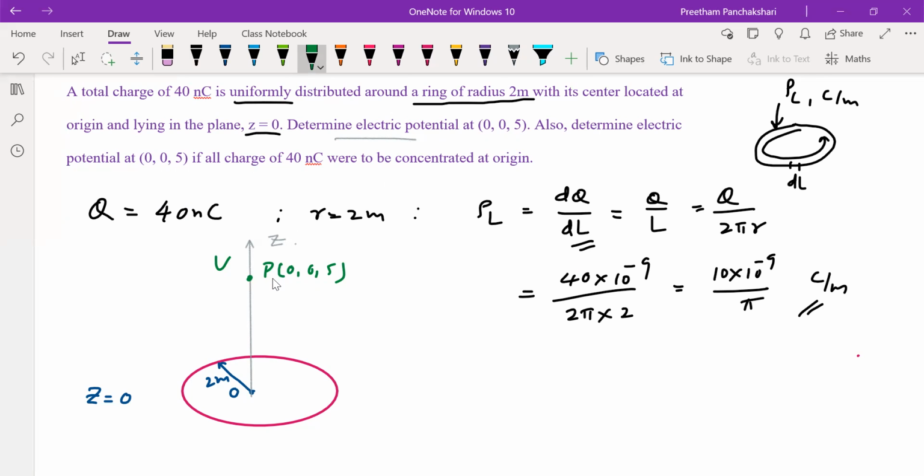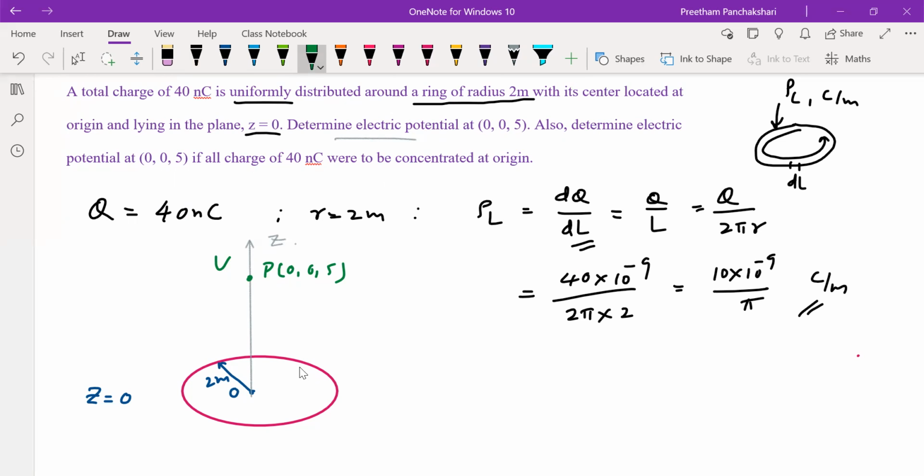So far, in our earlier discussions, we haven't derived any relation to find the electric potential due to a circular line charge. We have only discussed the methods of finding electric potential at a point due to a point charge, and a straight line charge, an infinite line charge.